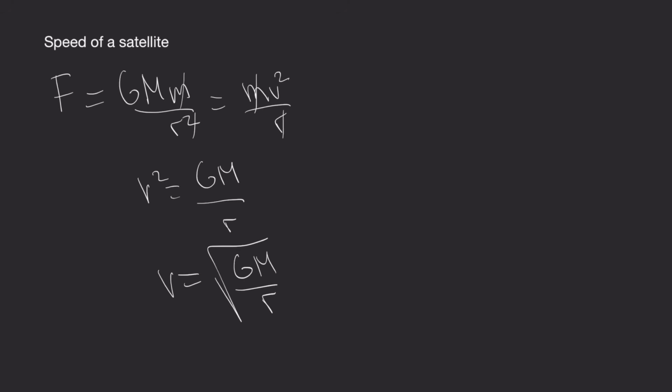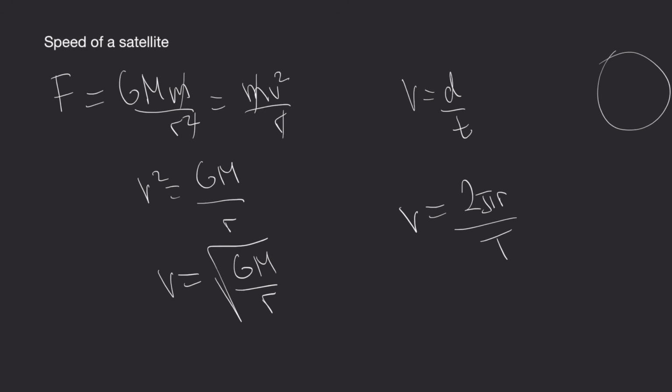If you're given just the radius and the time period, we can also say that v is distance over time. The distance is just the circumference, so it's going to be 2 pi r divided by the time period. And those two are equivalent depending on what you're given. The total energy of a satellite is equal to half of the potential energy.